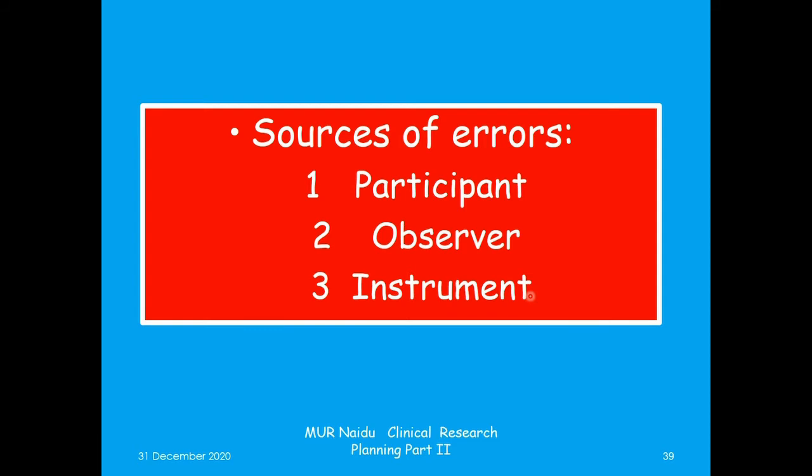Whether it is an ECG machine, a BP apparatus, or some other instrument commonly used in recording vital parameters, it must be standardized every 6 months during the clinical study. Otherwise, a lot of instrument error will come into the clinical research process.